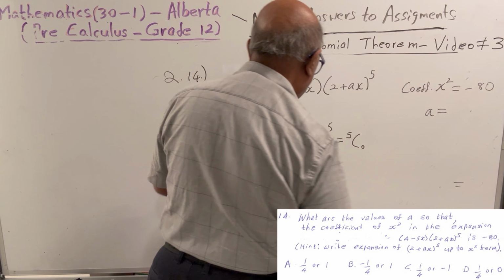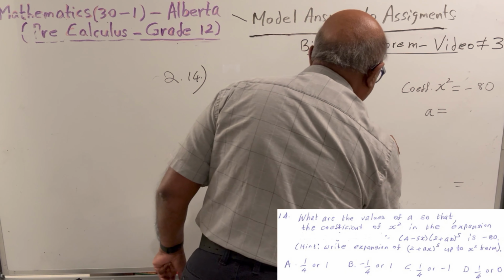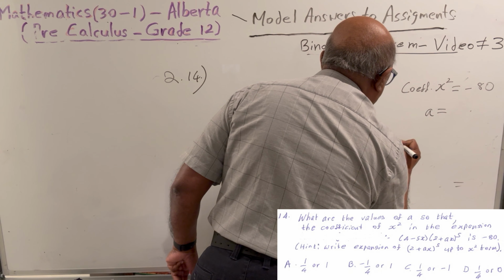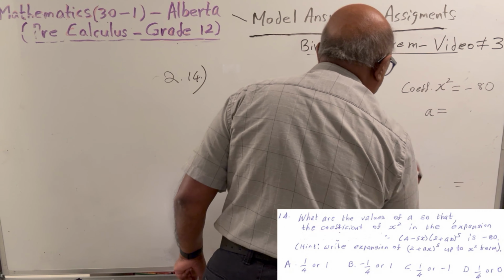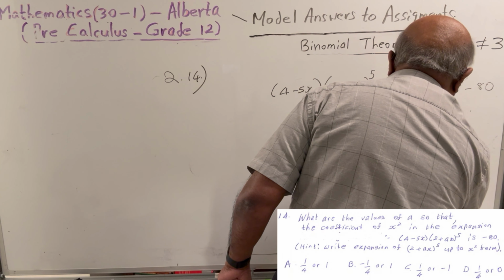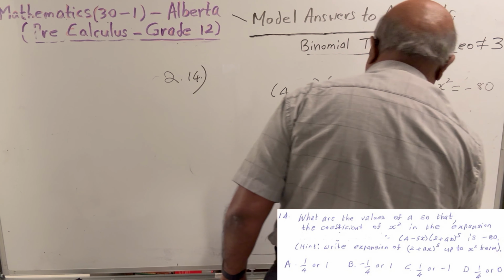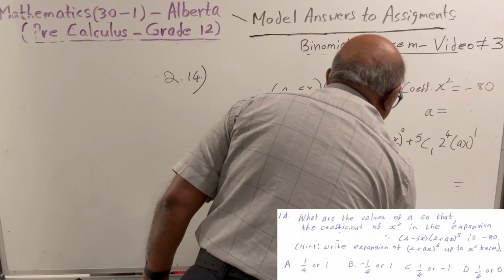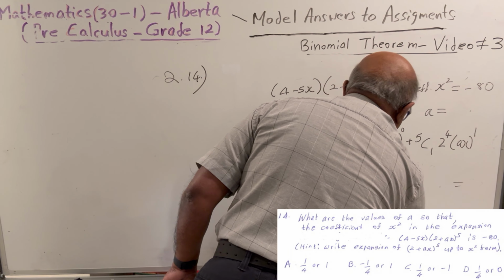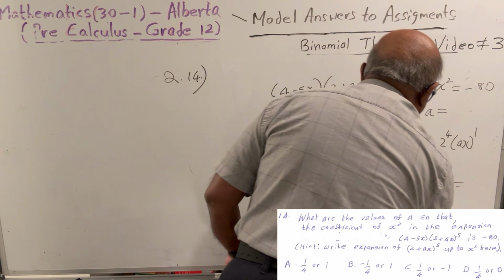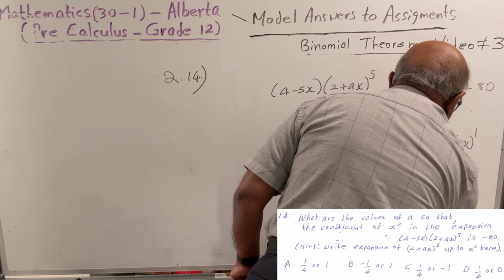5C0, 2 to the power of 5, (ax) to the power 0. 5C1, 2 to the power of 4, (ax) to the power of 1. 5C2, 2 to the power of 3, (ax) to the power of 2.